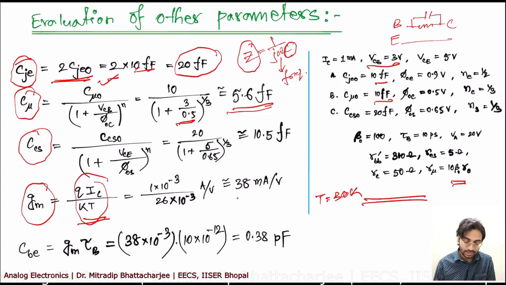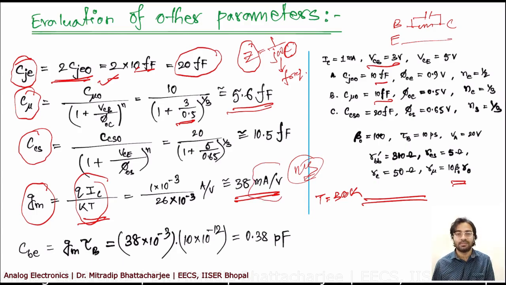So you will find this value is 38 milliampere per volt. Somebody also may write this as millisiemens. That is not a problem, but the convention is you write milliampere by volt. So it's like a current by voltage ratio, and it's a bit easier to interpret.